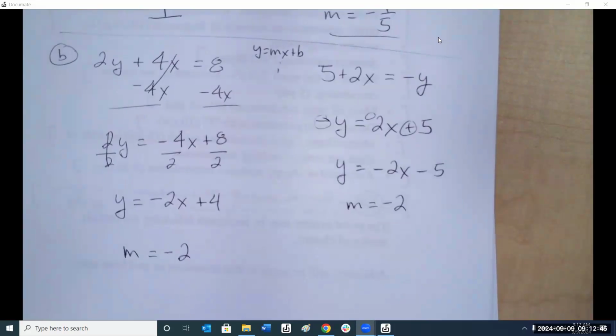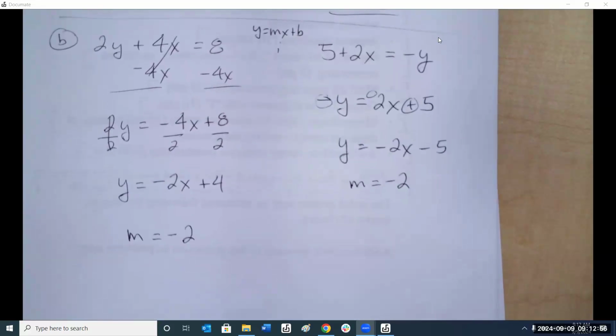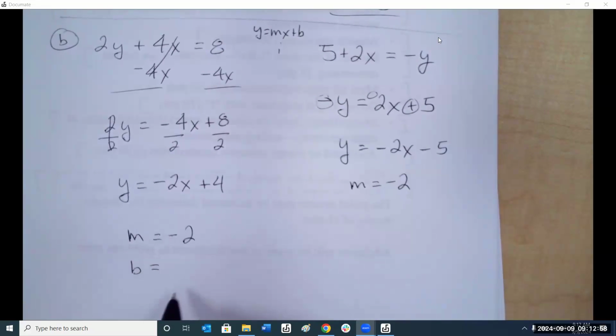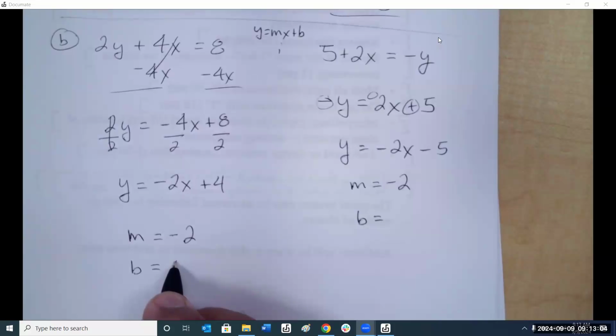Negative 2. So since the slopes are the same, what are the possibilities? They can be parallel or the same line. How do we distinguish them? Look at the y-intercepts. What's the y-intercept here? 4, right?